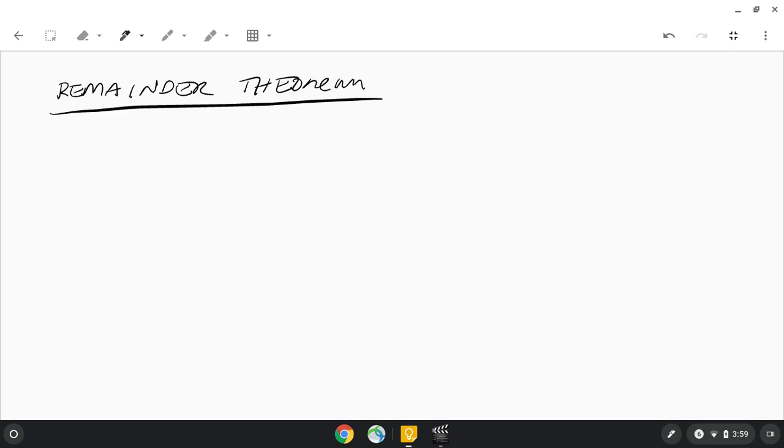Okay, so we have something called the Remainder Theorem. This will most likely be on the test.